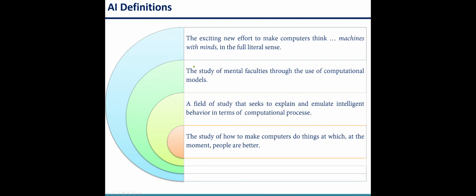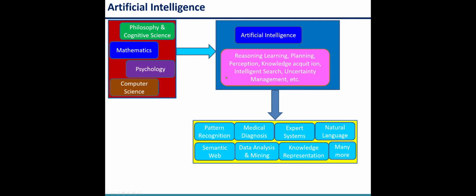So what is the scope of artificial intelligence, where can we apply it, and what is the reason it is gaining so much popularity? We can see that it can draw on philosophy, cognitive science, mathematics, psychology, and computer science.